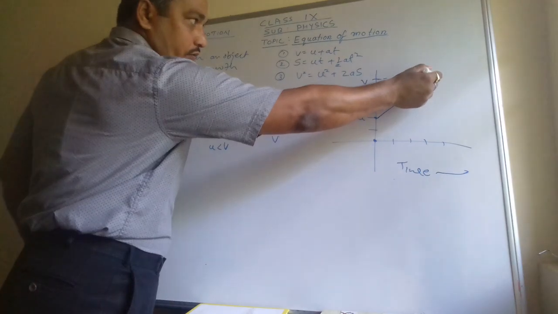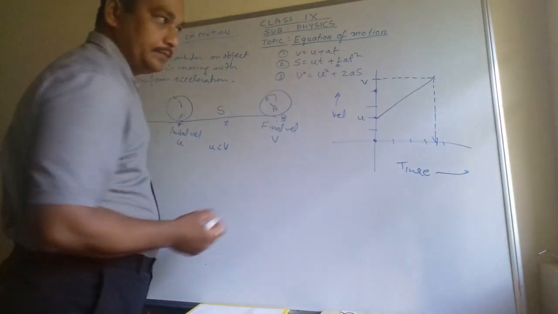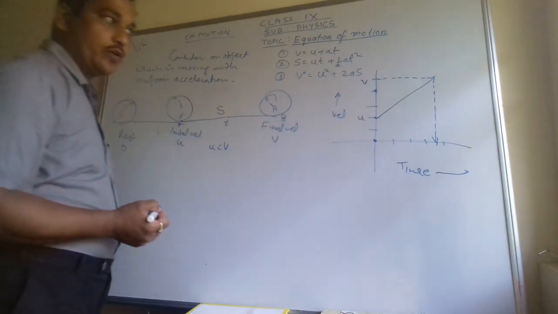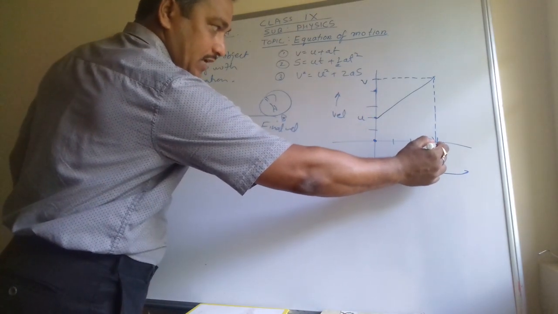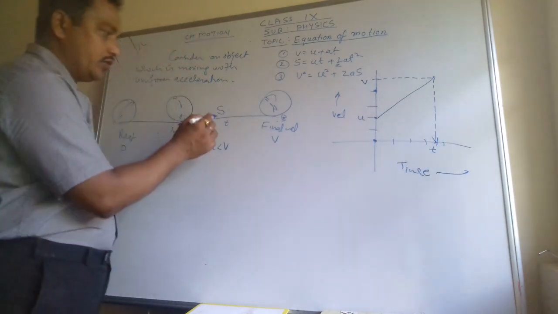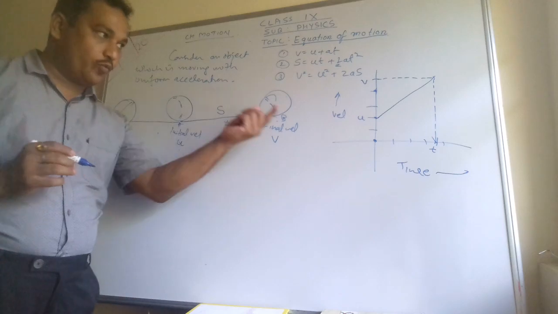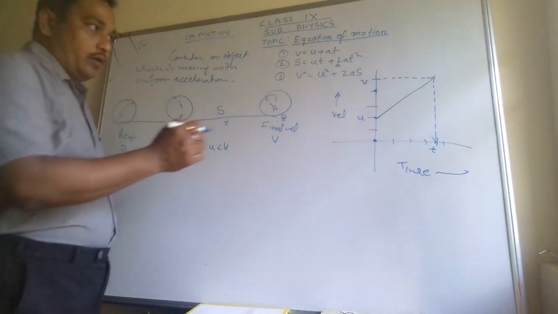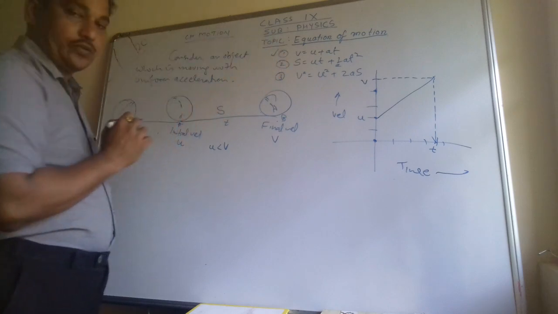And from here, all of you know, draw a perpendicular on the x-axis. So what we observe is that small t is the time taken by this object to cover the distance s from point A to B. Now we will derive one by one. This is the first equation.